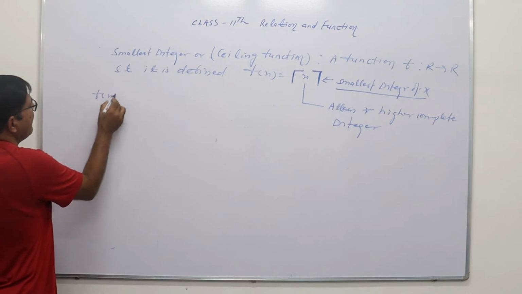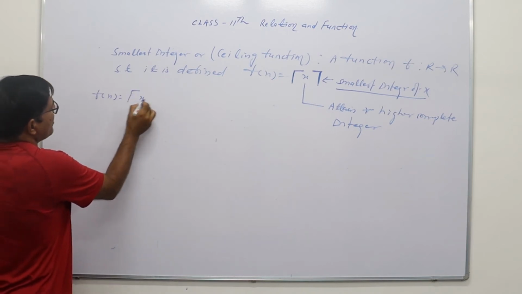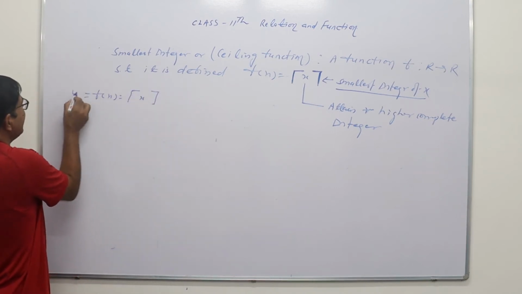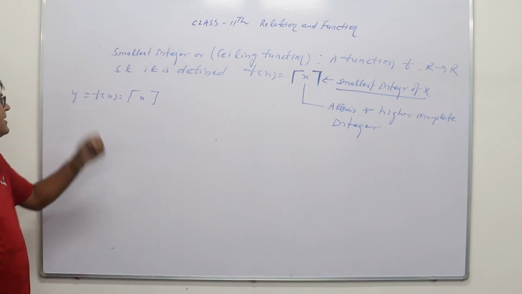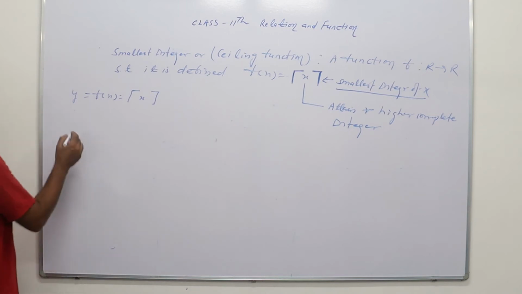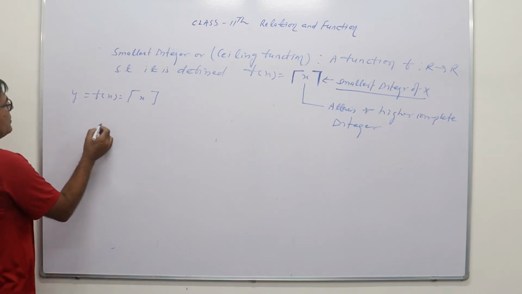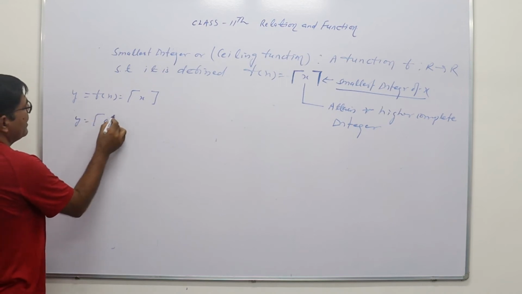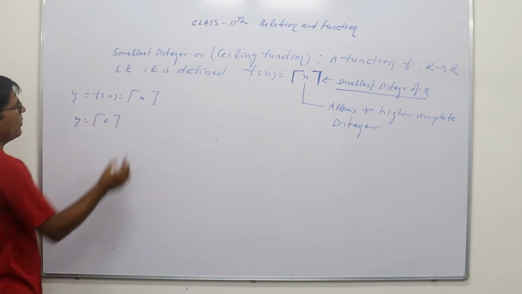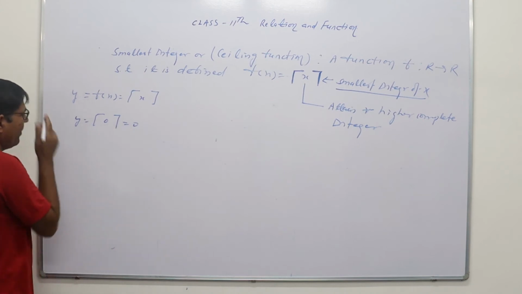So let f of x equal the smallest integer of x, where for the domain element x, the range element is y. Then for different values, if x equals 0, then y, the smallest integer of 0, will always be 0.